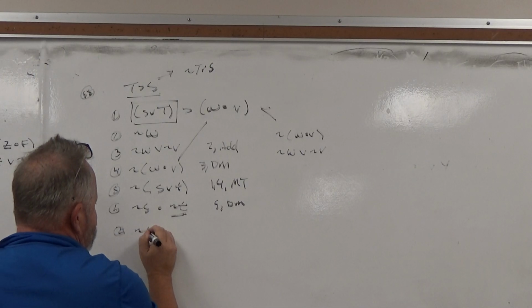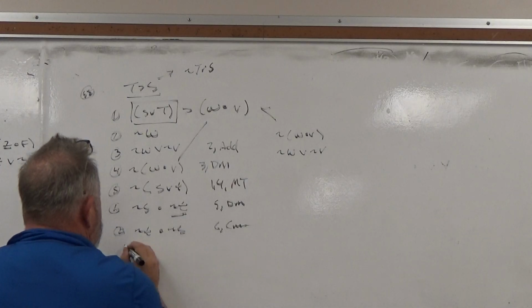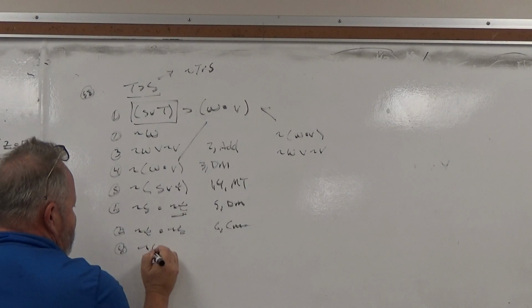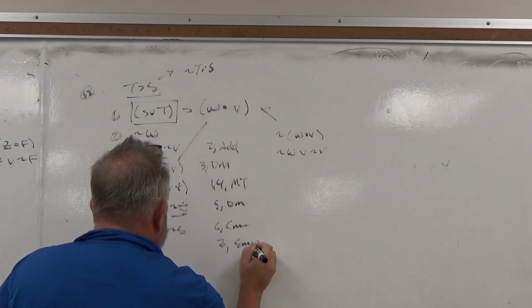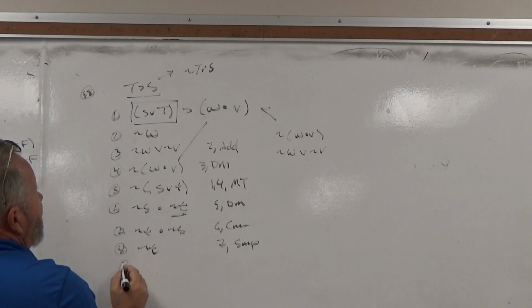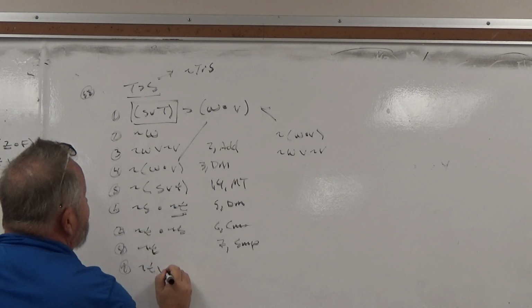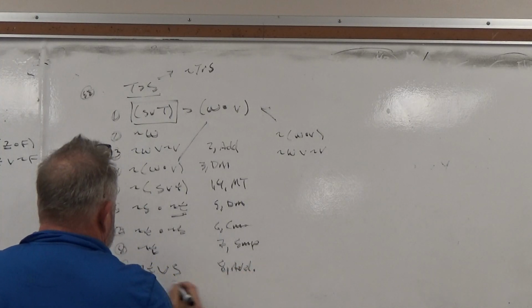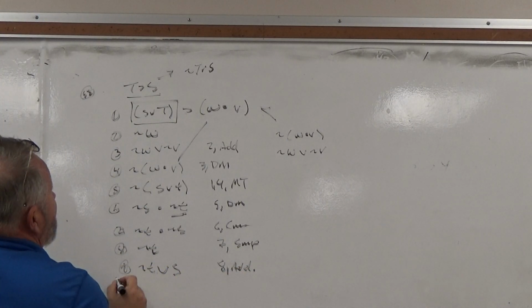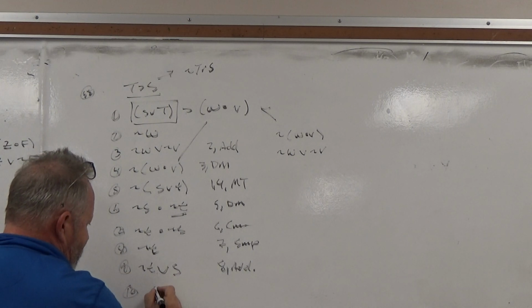So I need to move this to the other side. So I get not T and not S from 6 by com, and then not T from 7 by simplification, and then this not T, I can build this, not T or S from 8 by addition, and then now I'm going to convert this to a then.